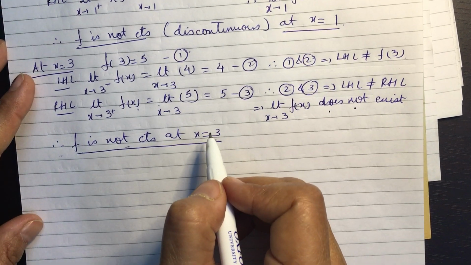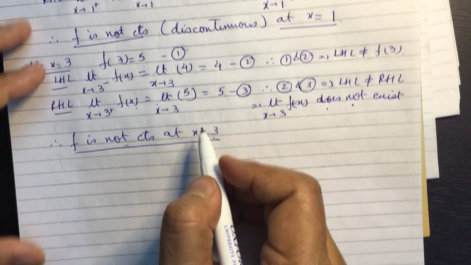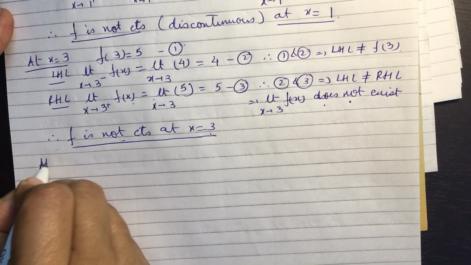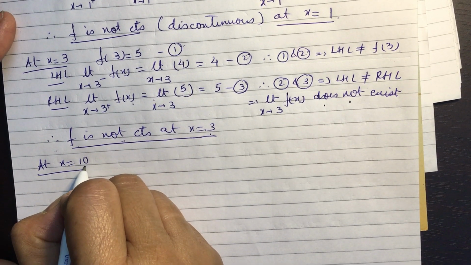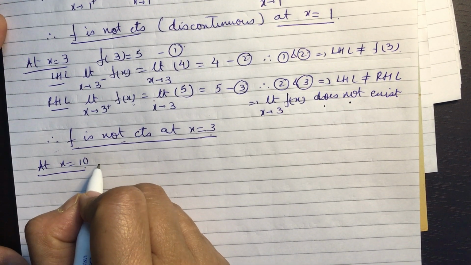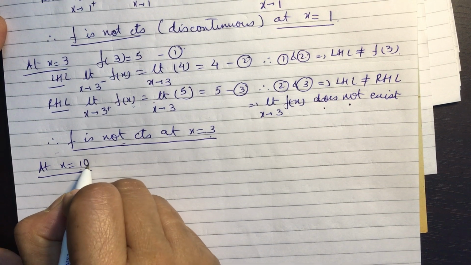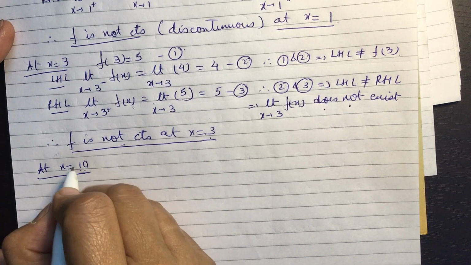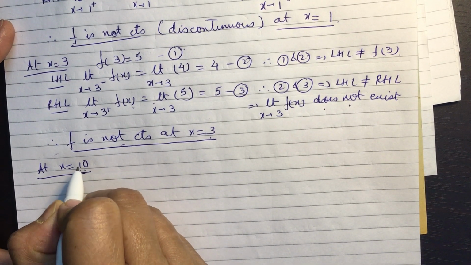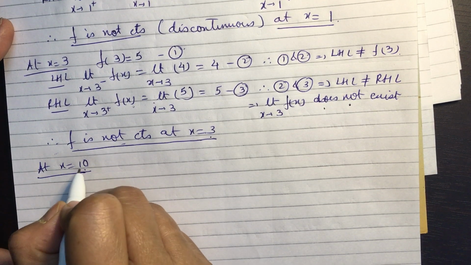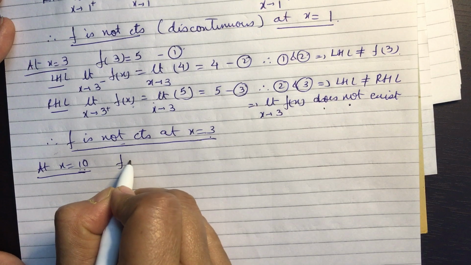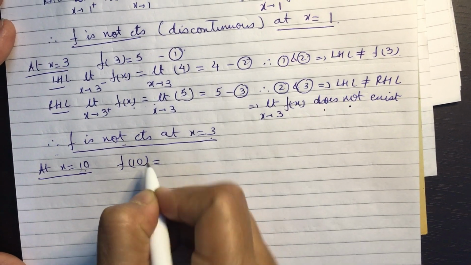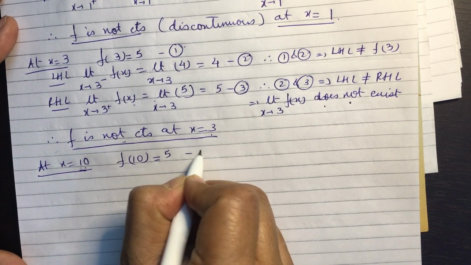Now we come to the last case, that is at x equal to 10. Now clearly we know that there is no definition of the function on the right of 10, and so we will only check the left hand limit and the value of the function at x equal to 10. So let's see, f of 10 is equal to 5.